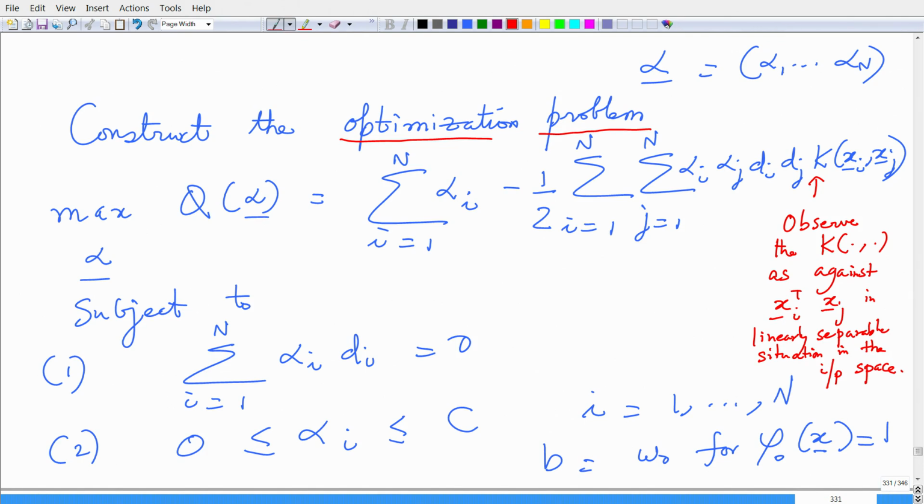Now, what are the conditions for this optimization problem? What are the constraints? Summation i equals 1 to n alpha i di equals 0, and alpha i is bounded between 0 and c, where c is some fixed constant, and this has to hold for all i equals 1 to capital N, and we have the bias details taken care of when we have to solve for the kernel in terms of the nonlinear mapping.